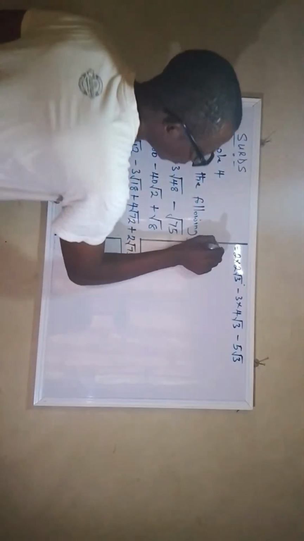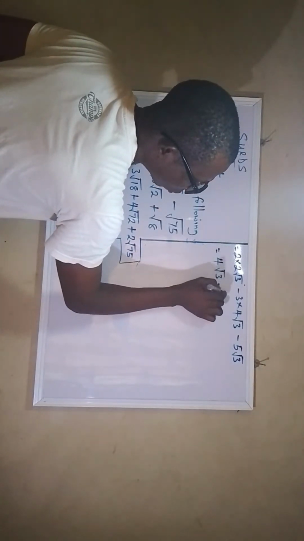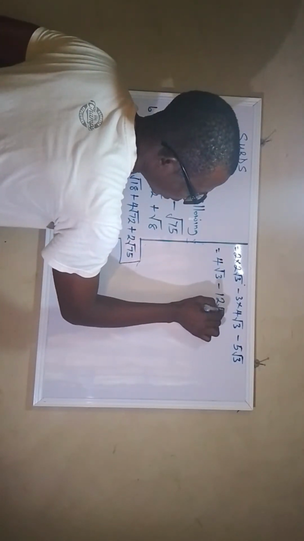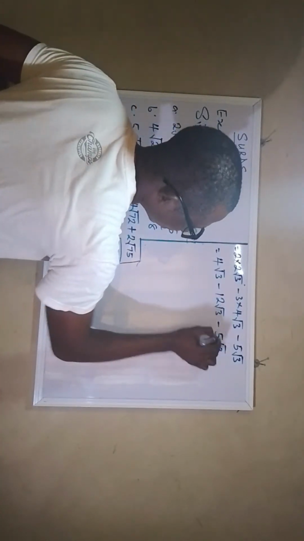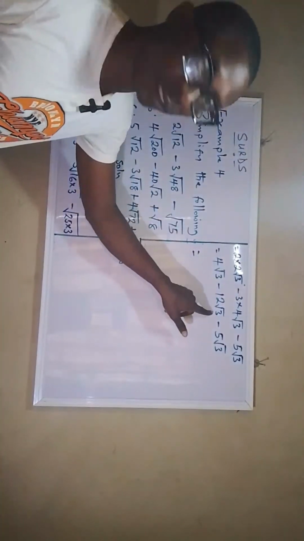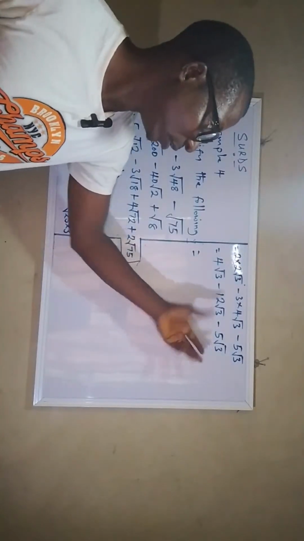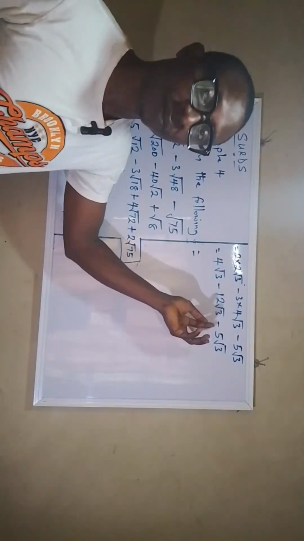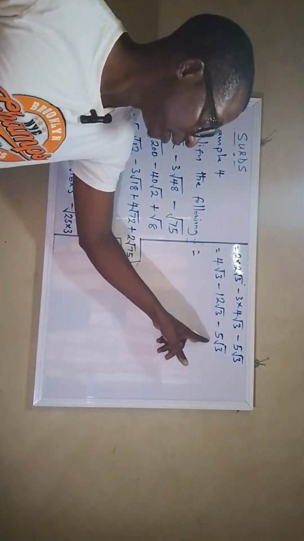So this gives us 4 square root of 3 minus 12 square root of 3 minus 5 square root of 3. Now look at it. We have minus 12 square root of 3 minus 5 square root of 3. So how many square root of 3 are we going to have here? This and this.